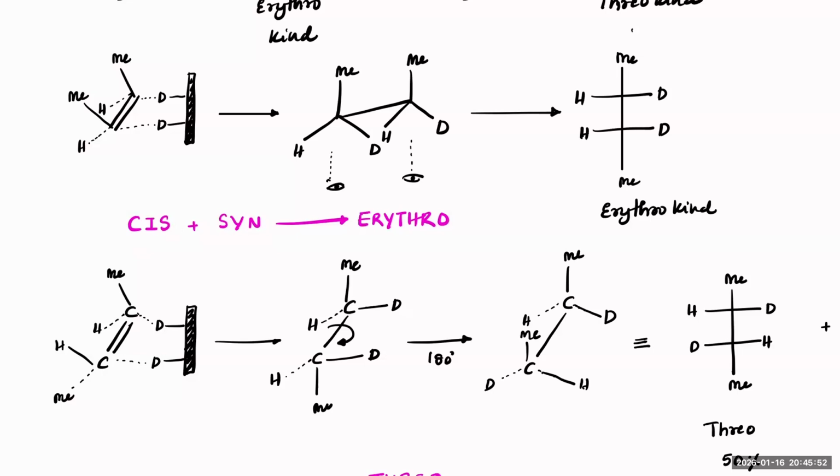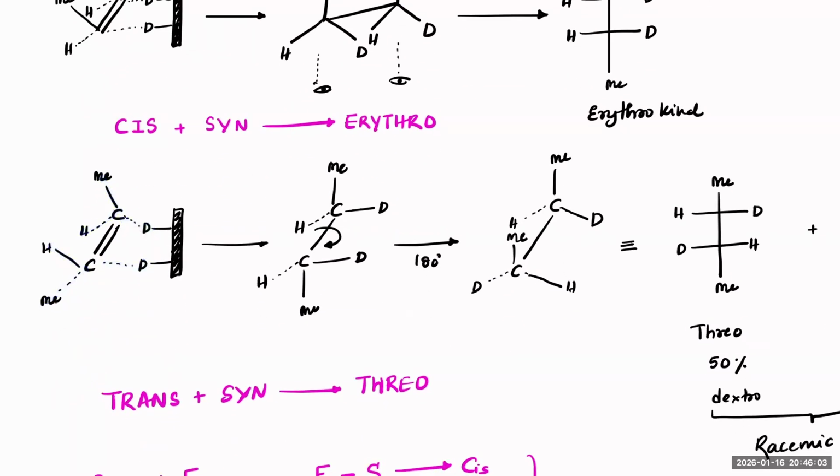While if you had a trans molecule here, see, I had methyl, hydrogen, hydrogen, methyl, and deuterium, deuterium getting added. And it is a syn addition only again. And as soon as you do a syn addition here, you will get it like this. Deuterium, deuterium will add from the same direction, hydrogen here. But this methyl and this methyl will be up and down. And as you rotate it by 180 degrees, now methyl and methyl will come on the same direction.